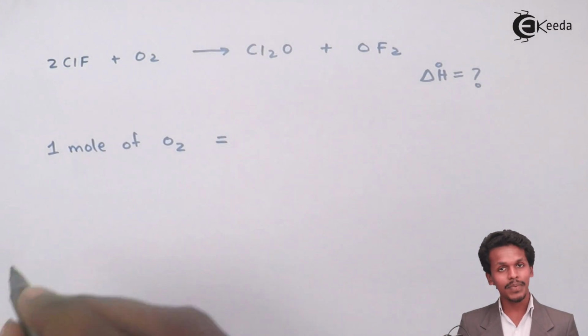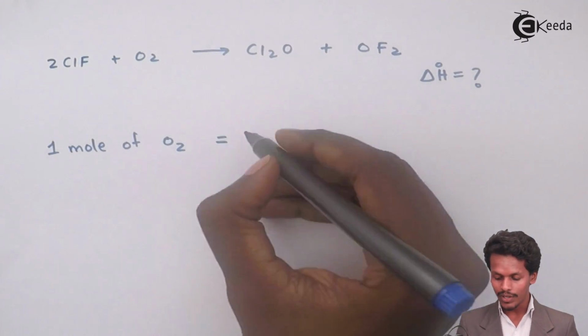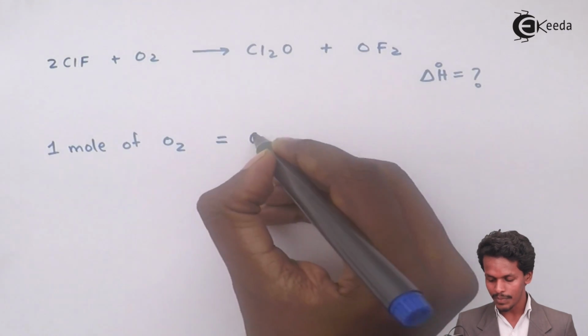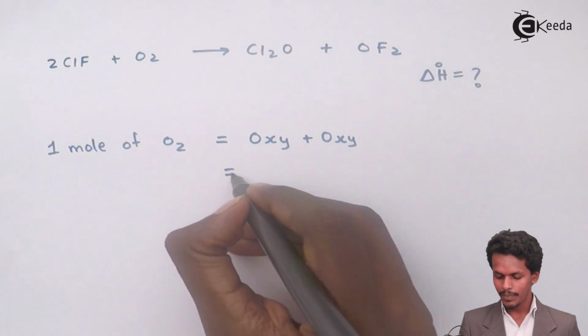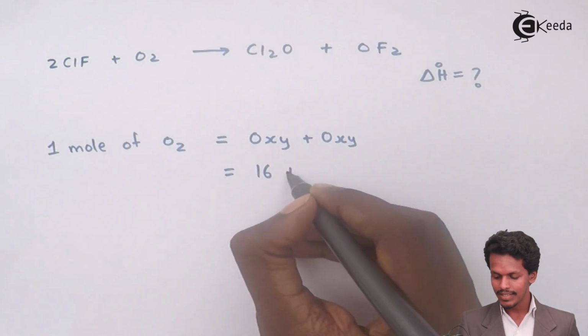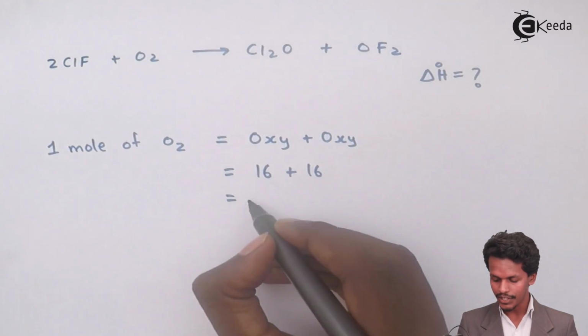Oxygen atoms are present 2 times in a molecule of oxygen, so I could write it as oxygen plus oxygen. So it will be 16 plus 16, that will give me 32.